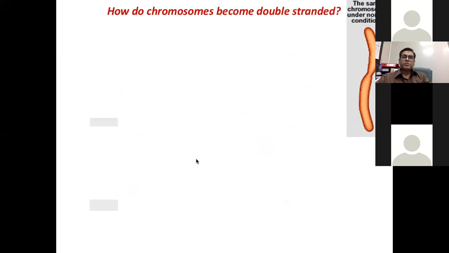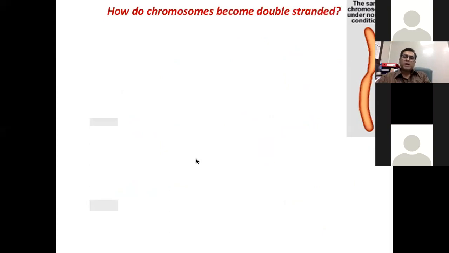Now, this is the structure of a chromosome under normal conditions, and to your surprise, this is a single stranded structure. Before that, maybe you are aware of a double structure or X-like structure of chromosome, but chromosomes are this single stranded type of structure.